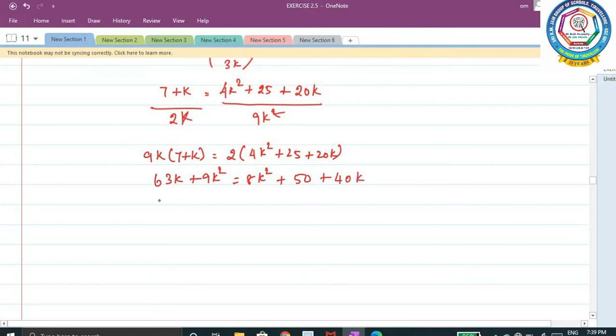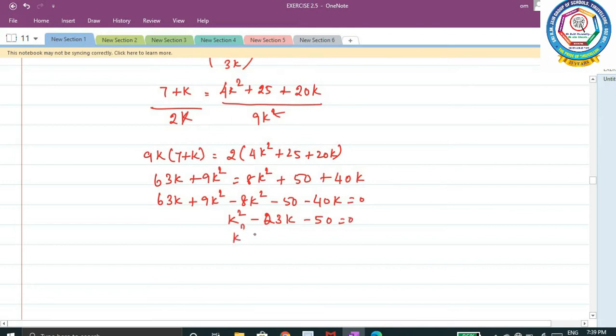We have to simplify this. 63k plus 9k square minus 8k square minus 50 minus 40k equals 0. So here 9k square minus 8k square is k square, and 63k minus 40k is 23k, minus 50 equals 0.